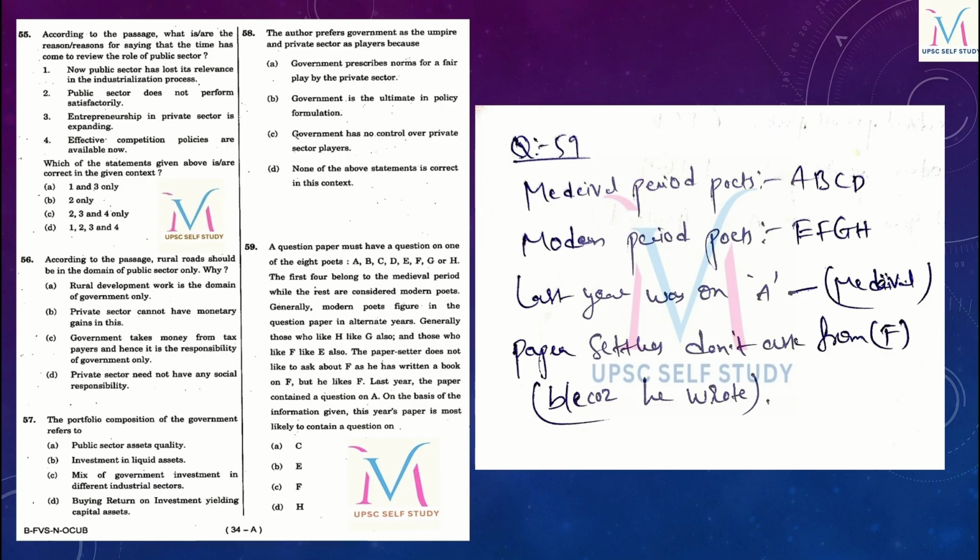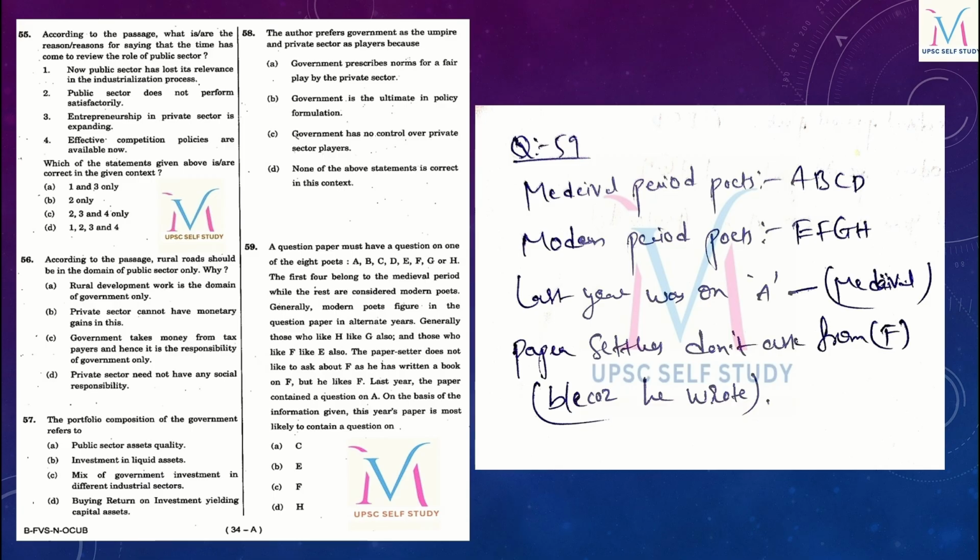So the entrepreneurships are growing very much, so options 2, 3, and 4 also apply. So for the 55th question, the answer is C. These 2, 3, 4 are suitable reasons for saying that the time has come to review the role of the public sector.